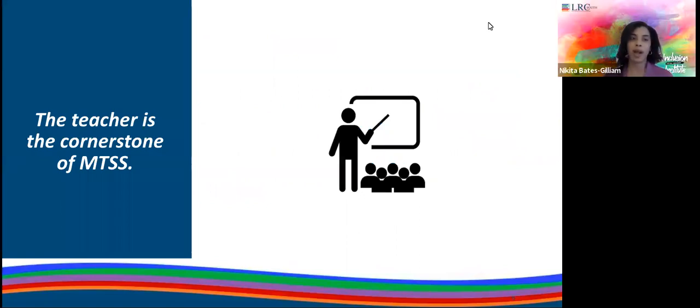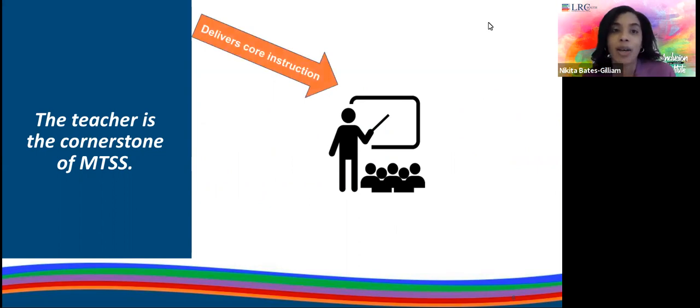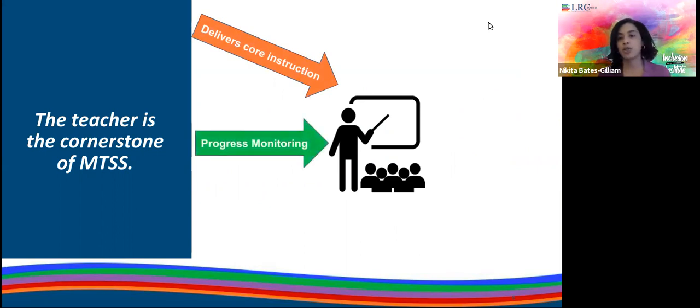Now, we need to keep in mind when we're thinking of multi-tiered support systems the teacher being the cornerstone of it all. So when we consider this, we're looking firstly at who's going to be delivering this core instruction. That's the teacher. They're going to be delivering the majority of the instruction that the student receives. They're also going to be in charge of doing the progress monitoring, taking copious notes, collecting data on said student.